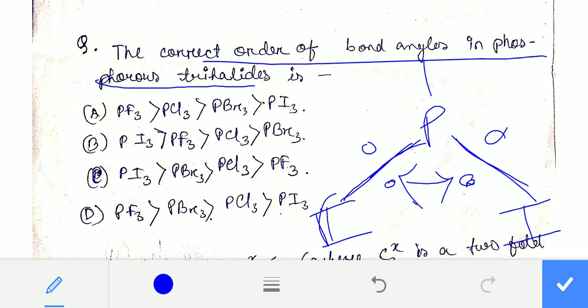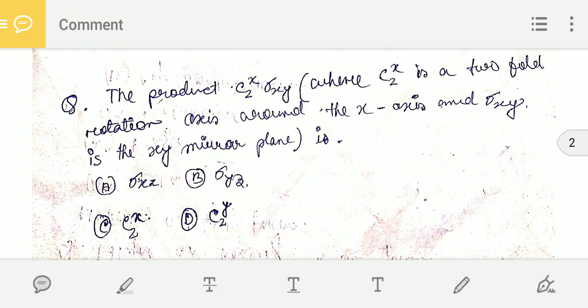In the compound PI3, the I-P-I bond angle will be maximum, right? So PI3 will have maximum bond angles, and then PBr3, then PCl3, then PF3, right? For this question, option C is the right option, right?